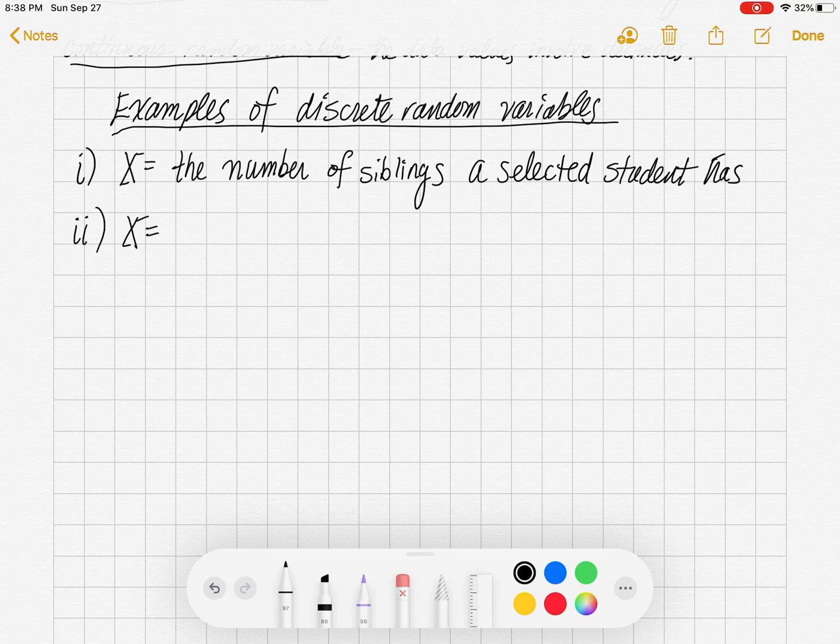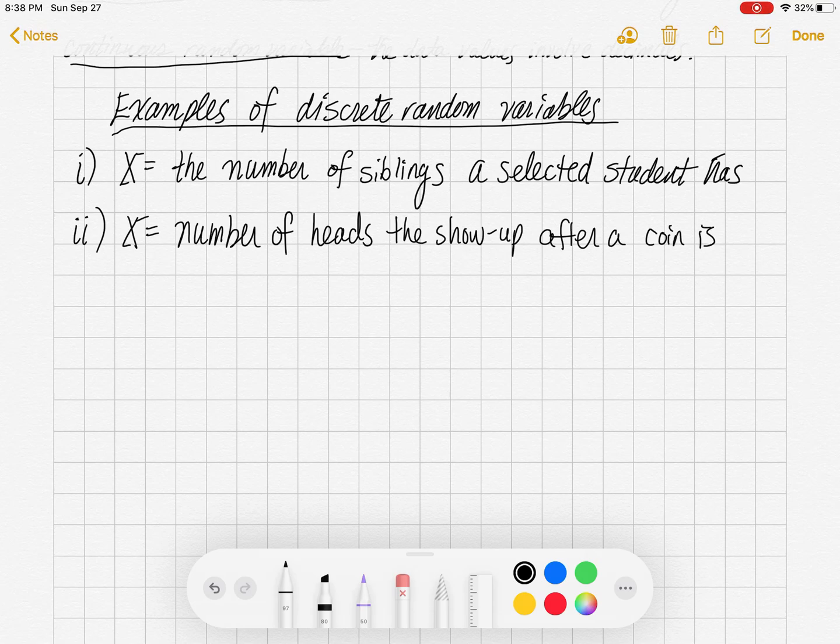Okay, let's do another example. Let's say X is the number of heads that show up after a coin is tossed 10 times.